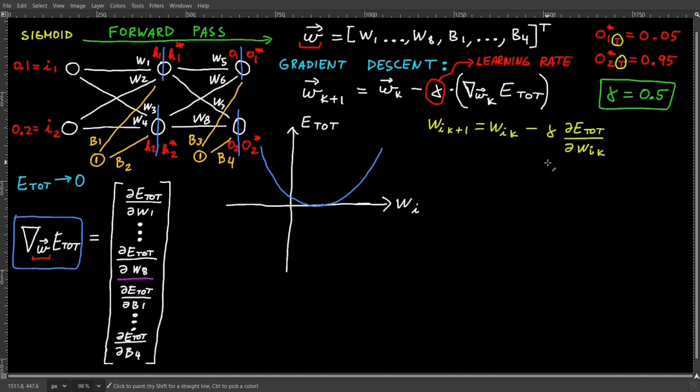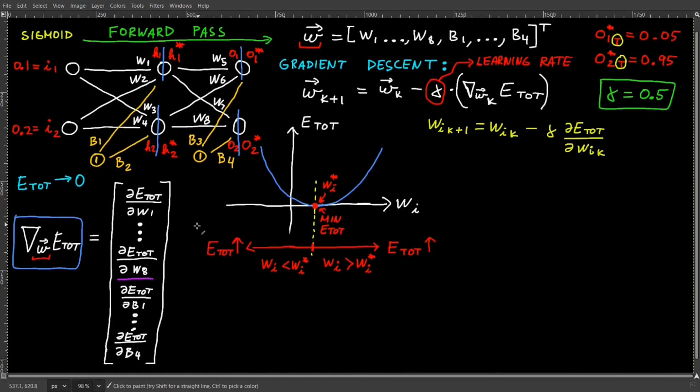If I update my weight in this way, then first of all notice that from the location where my total error is minimum, which happens at wi asterisk, if from that point wi becomes greater than wi asterisk, then your total error will also become greater. And the more positive this wi becomes from this optimal point, the greater the total error will be. Similarly, the more negative wi becomes from this optimal point, the bigger your total error.